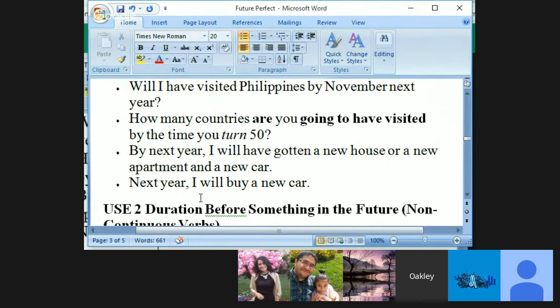But if you say "in 2020," then you would have to use simple tense because that's a very non-specific time, a long time. There is no specific point. Can I change this to by January 2017? Yes, still using "by."